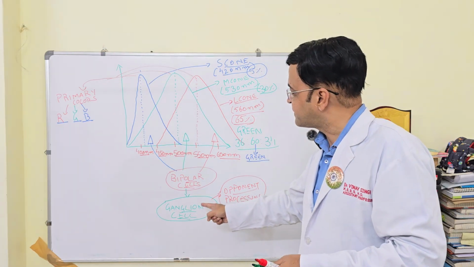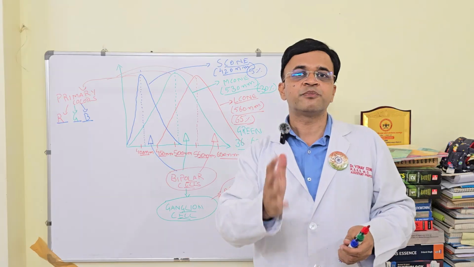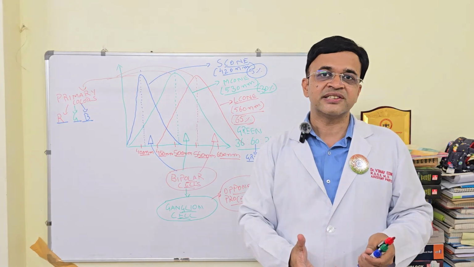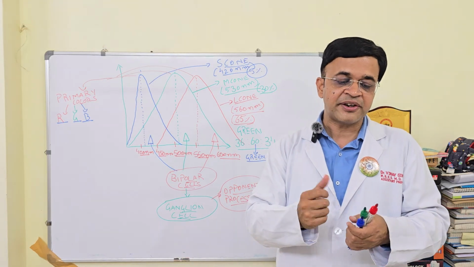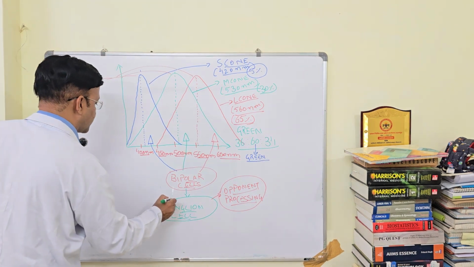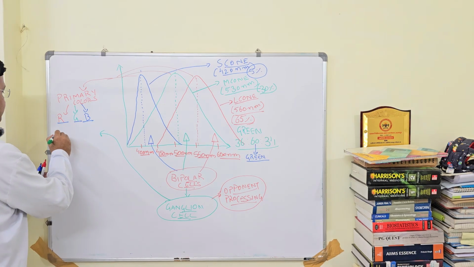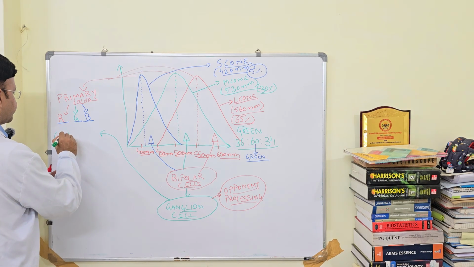And what is the practical significance of ganglion cell opponent processing? The opponent processing in ganglion cells gives us our complementary colors. Complementary colors come from opponent processing in the ganglion cells.